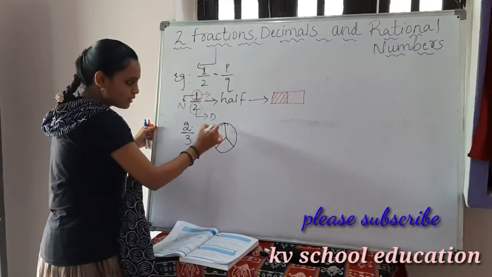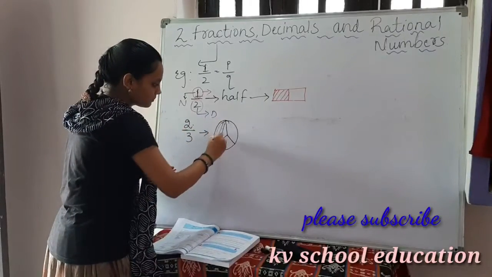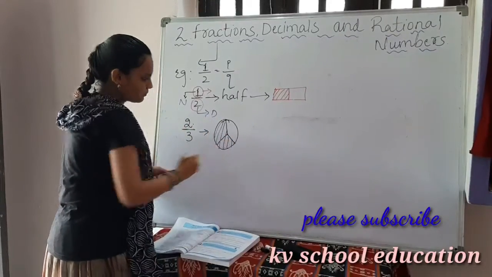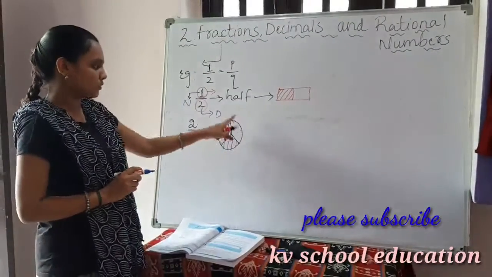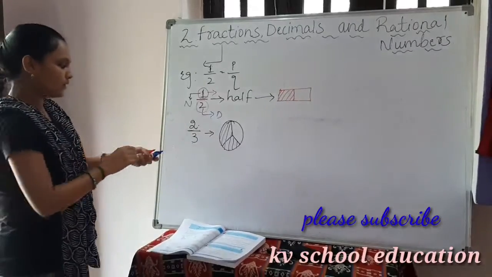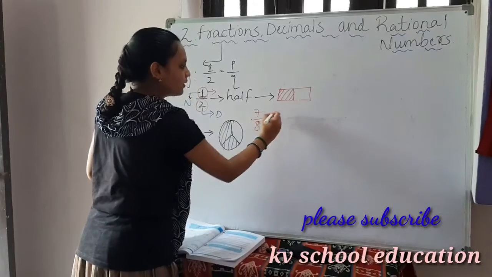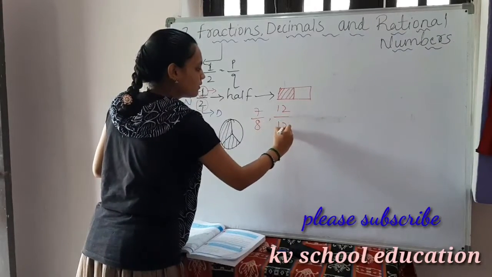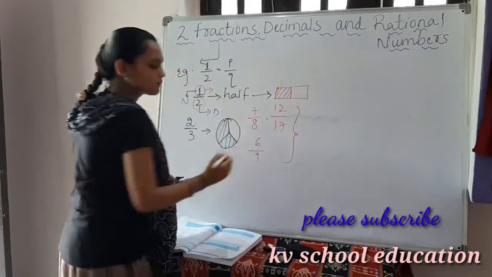So here 3 is the whole part and we should shade 2 parts. So this is a fraction and this is the picture of 2 by 3. Not only 1 by 2, 2 by 3, but also 7 by 8, 12 by 17, 6 by 9. These are all fractions.